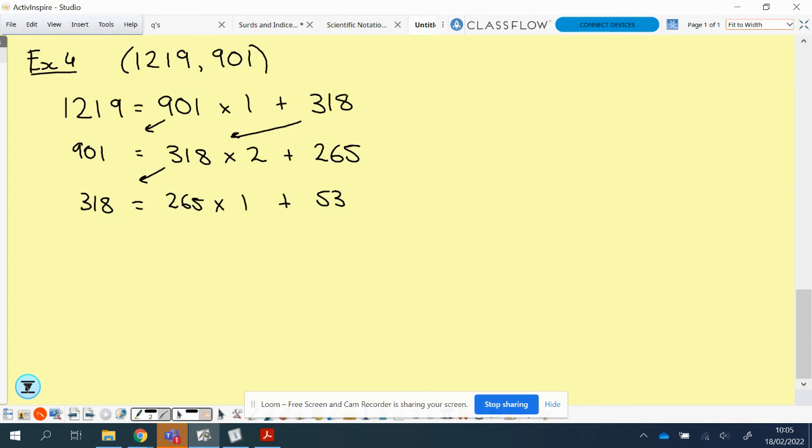Continue the process. 265 will equal 53 times, how many times can 53 fit into 265? Well, it can fit in 5 times, and it fits in 5 times exact, so there's no remainder. Okay, therefore we stop.